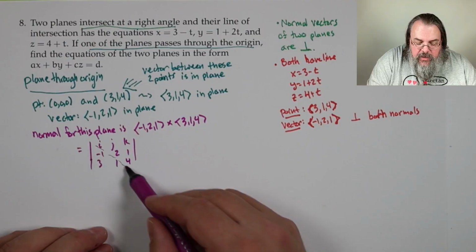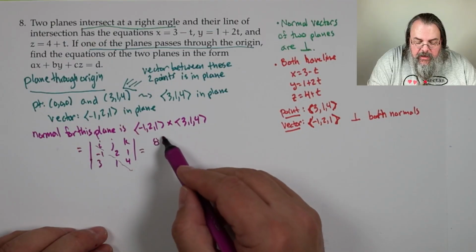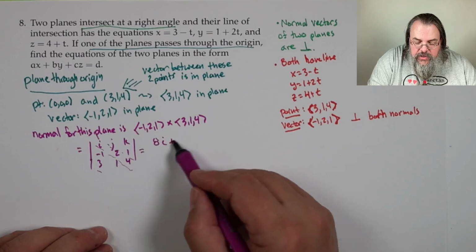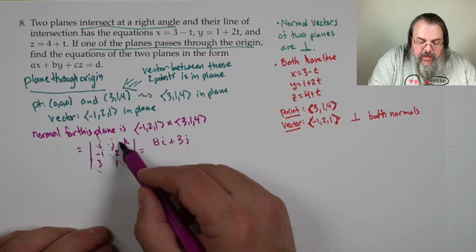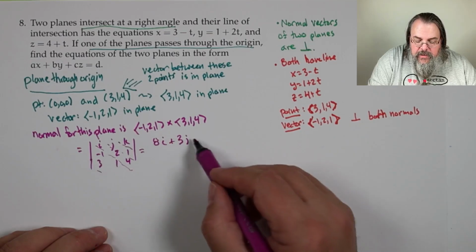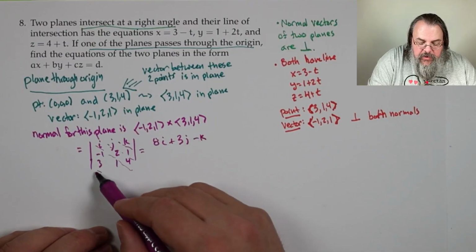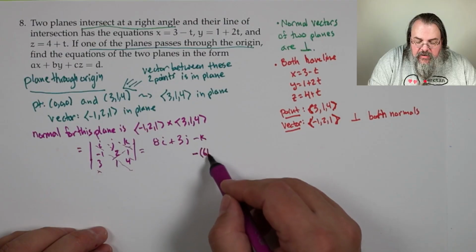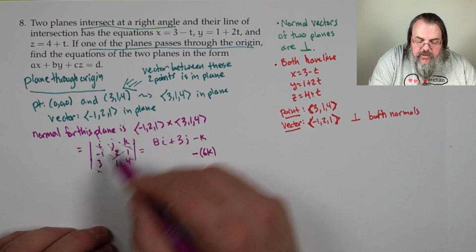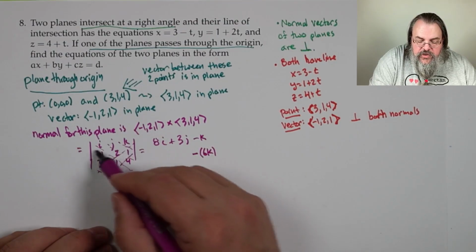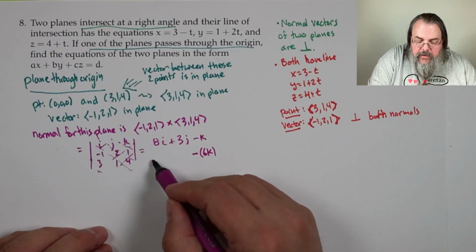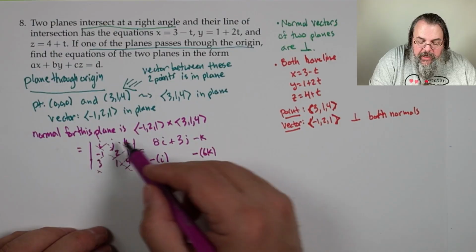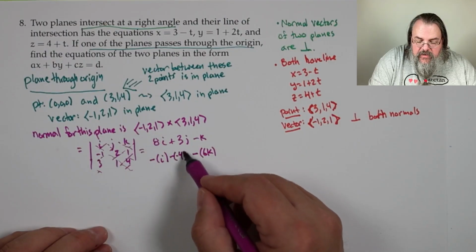i times 2 times 4, 8i. j times 1 times 3, 3j. k times -1 times 1, -k. Go uphill: 3 times 2 times k, 6k, but you need to subtract it. You add your downs, subtract your ups. 1 times 1 times i, that's i, subtract it. 4 times -1 times j is -4j, but subtract it.